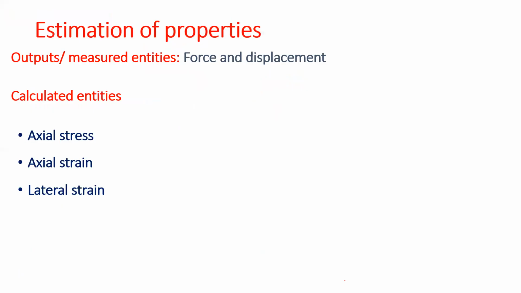Axial stress, axial strain. So let's quickly wrap this up. Axial stress: you are measuring force, you know the cross section, so you can calculate F by A, which is nothing but sigma 11 or sigma XX.